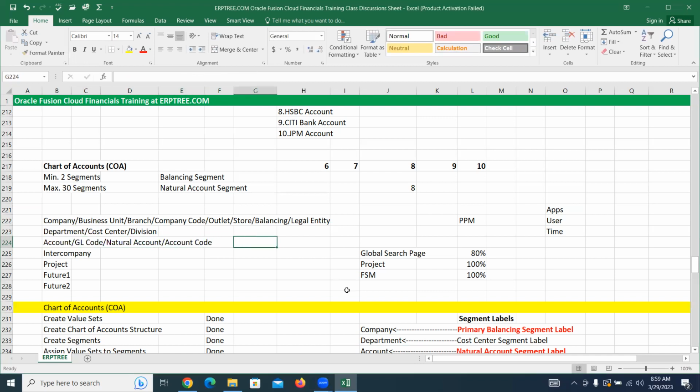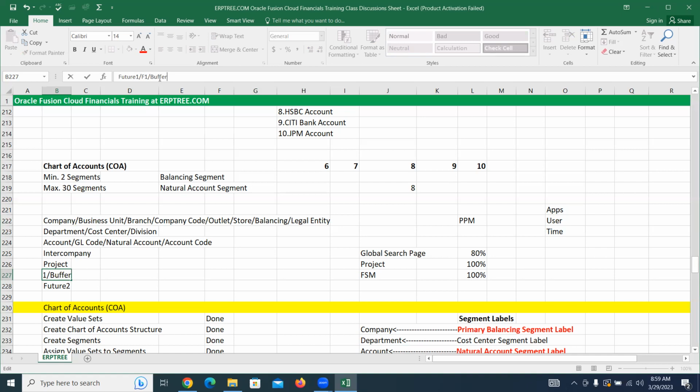Who will create? We will create, but they will decide the naming convention. And this future one and all, okay. You may have some naming convention as F1 meaning future one, or you can see it as buffer one, some other naming conventions.